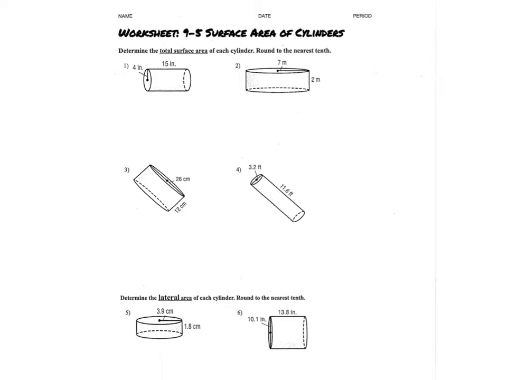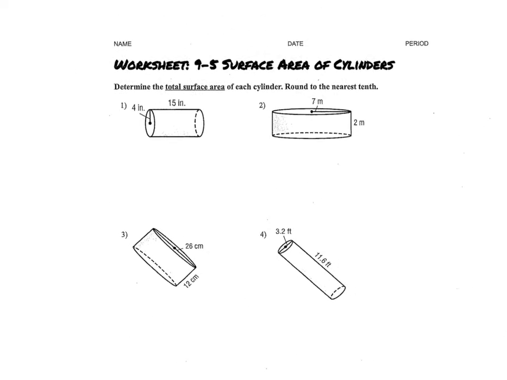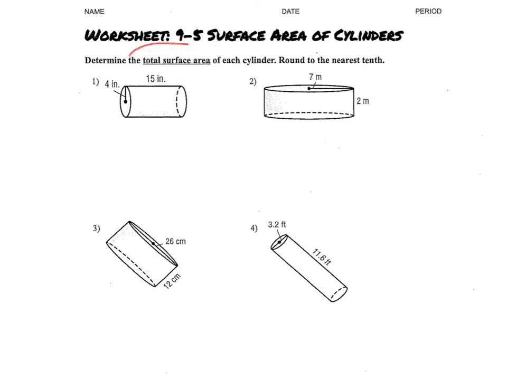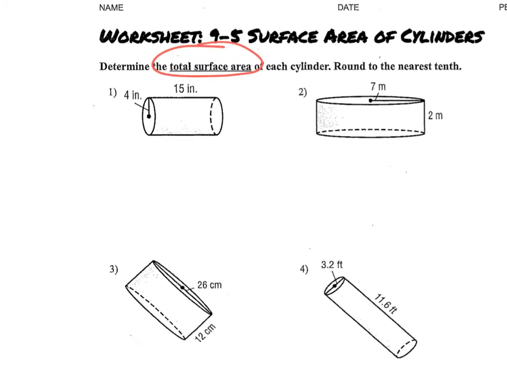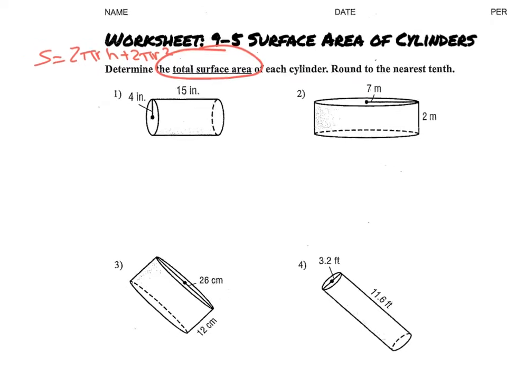Hey, real quick, just a reminder, if you've got total surface area, you're using that formula that's at the top of the note page. So 2 pi r h plus 2 pi r squared.